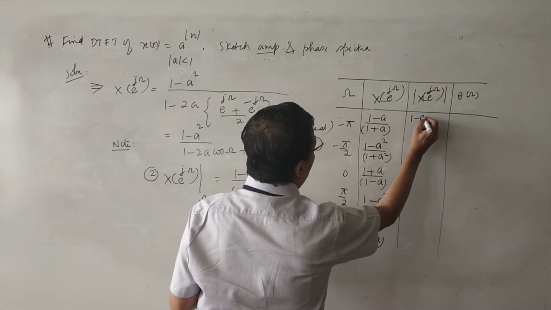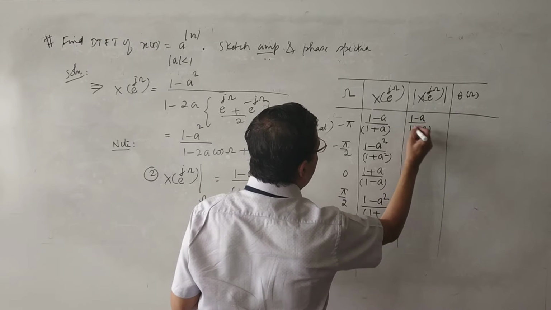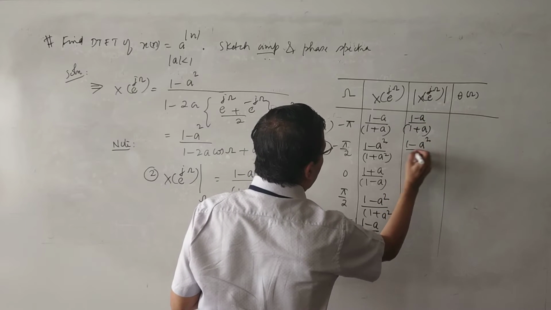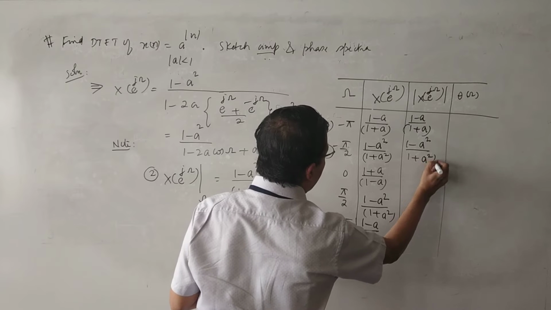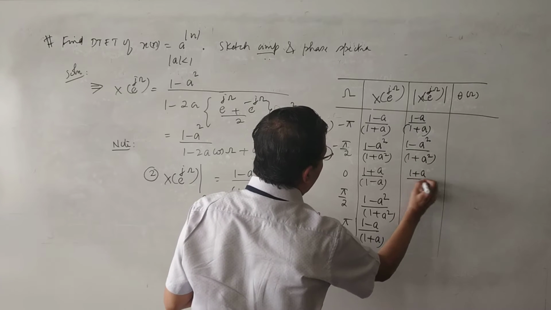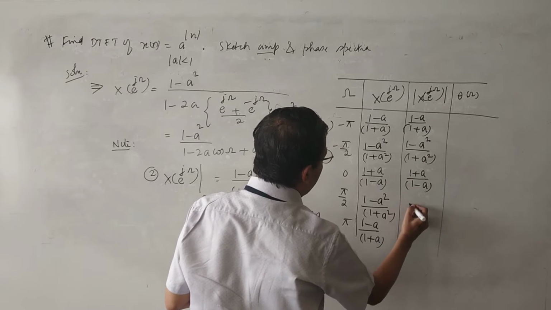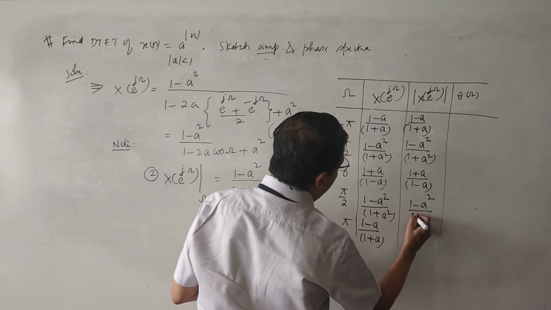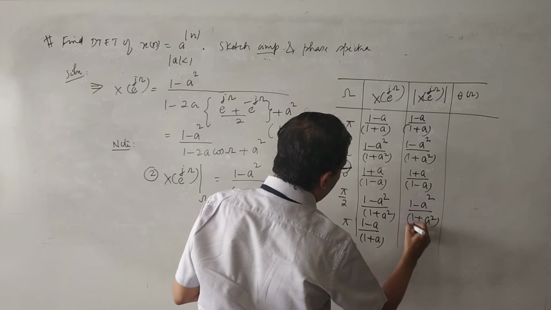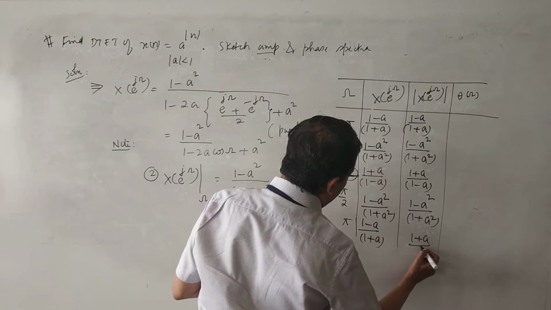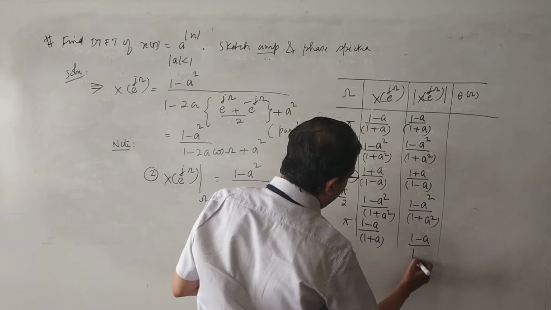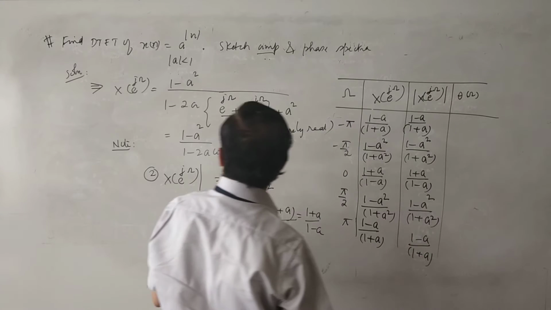So I write here 1 minus a by 1 plus a, 1 minus a square divided by 1 plus a square, 1 plus a divided by 1 minus a, 1 minus a square divided by 1 plus a square, 1 minus a divided by 1 plus a. I repeat this once again.